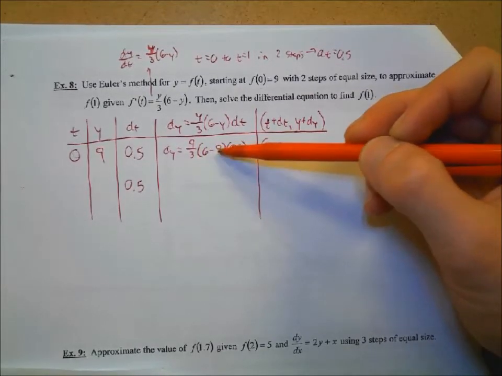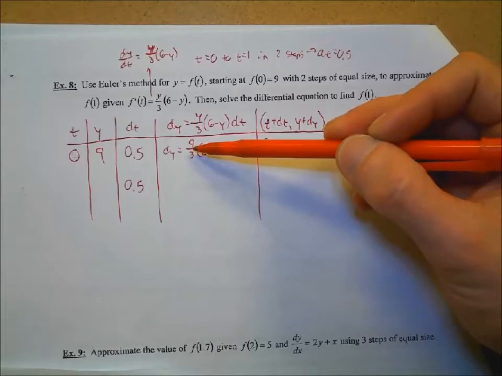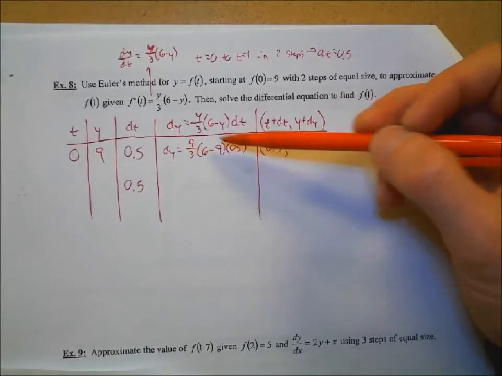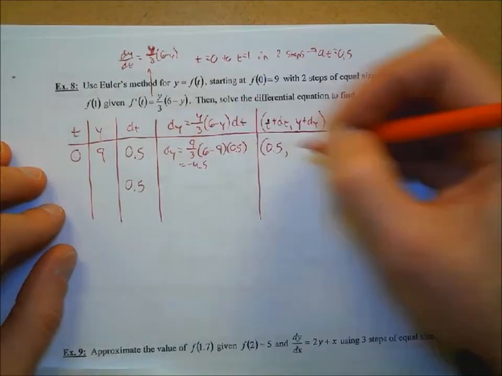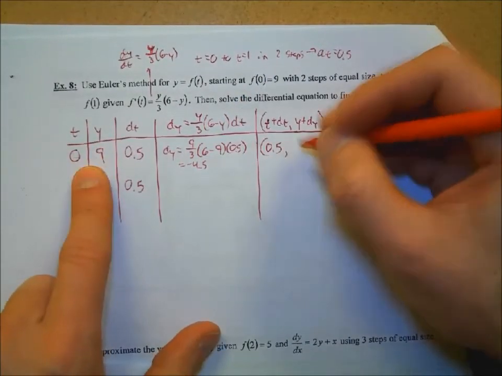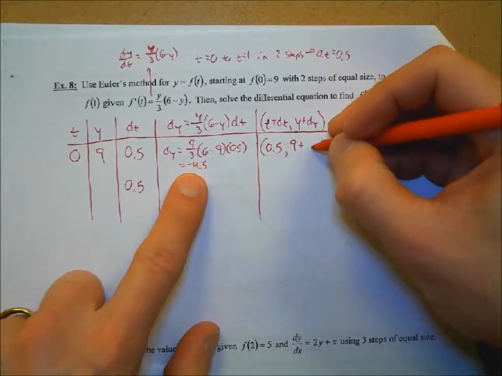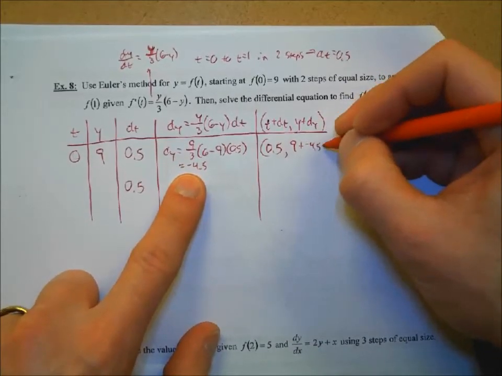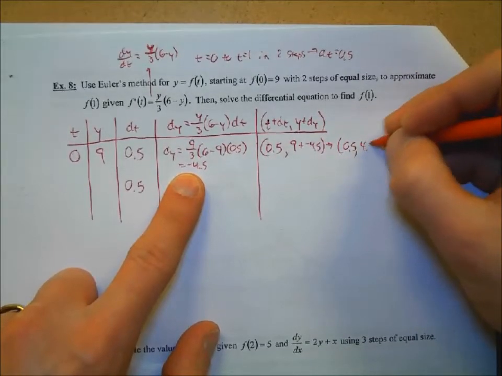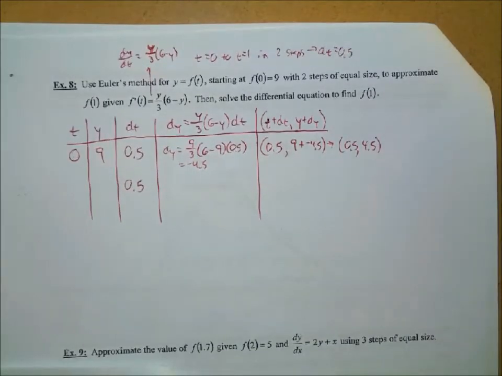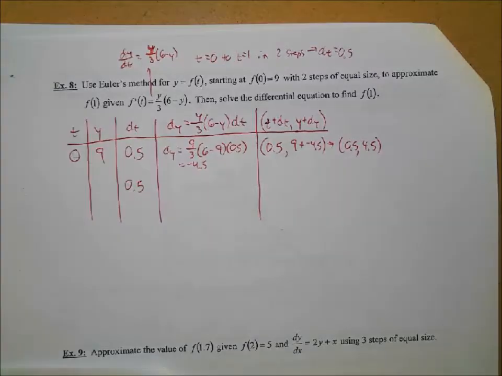Negative 3 times a positive 3, negative 9, times 0.5, negative 4.5. So we're going from a y value of 9, we're going to add to it a change of negative 4.5, and so we result in 0.5, comma 4.5. Question, Sean?